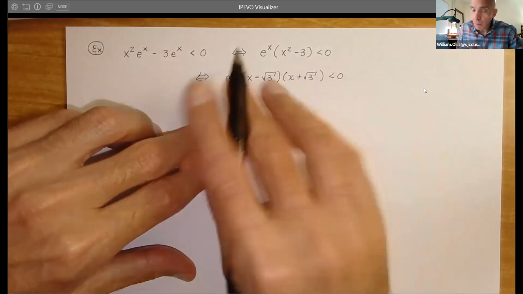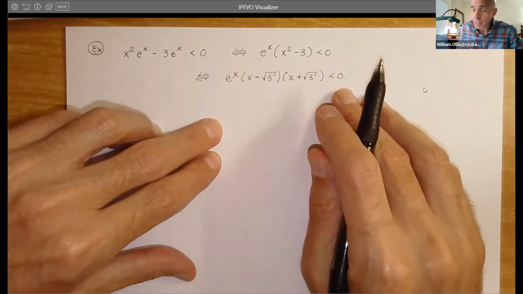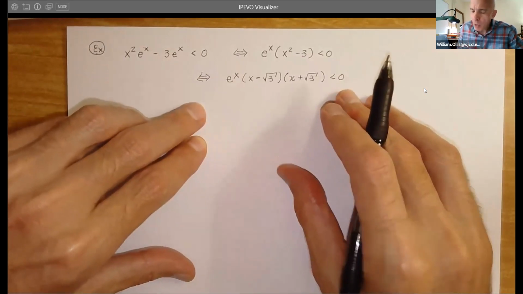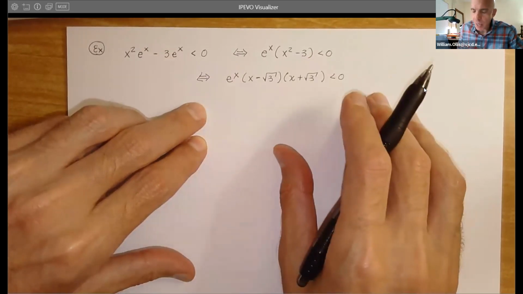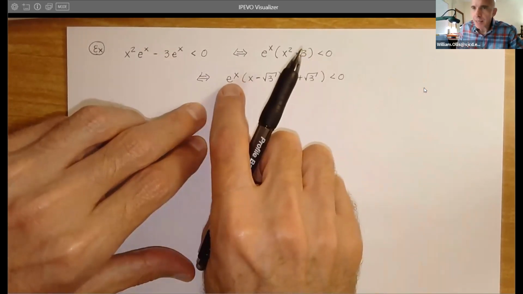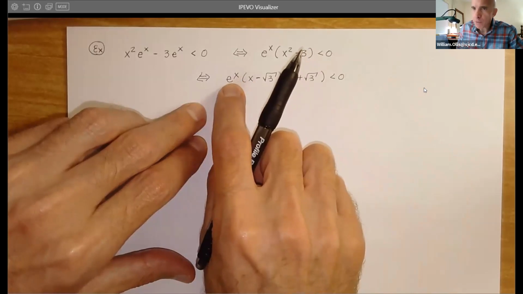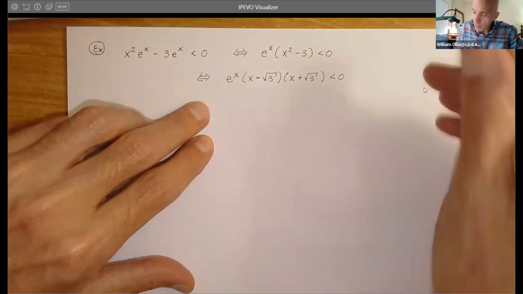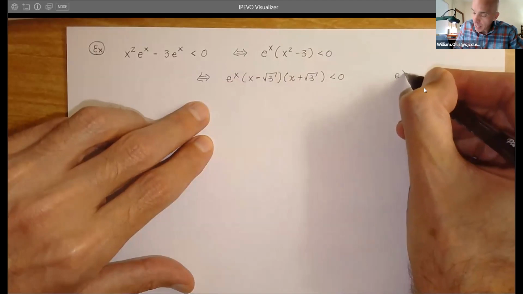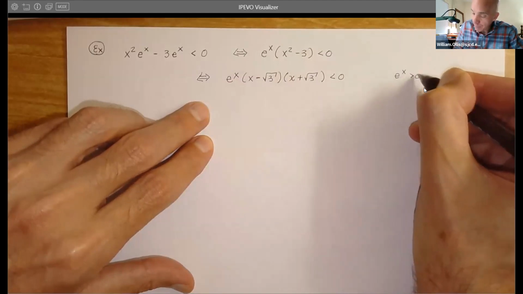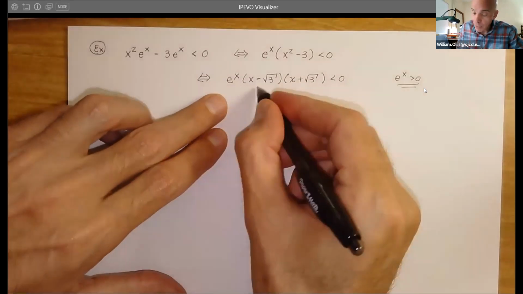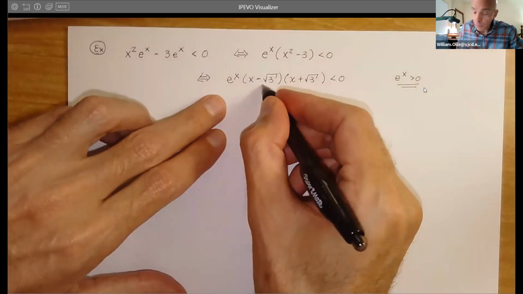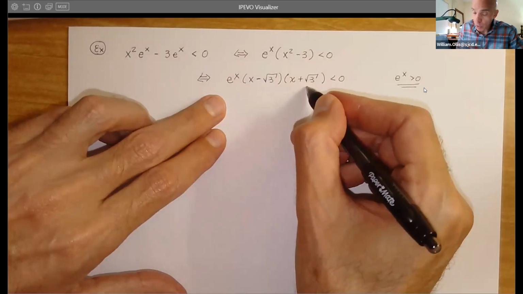So again, complete factorization gives us this. Now we have to say, okay, well, we can finish now. The factor e to the x, as we now know, is never 0. It's always positive. So we just observe that e to the x is always positive. So this will not give us any BVs, but clearly we have the square root of 3 and the negative of the square root of 3.